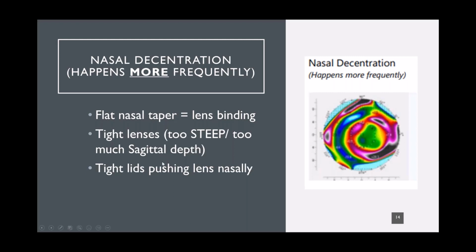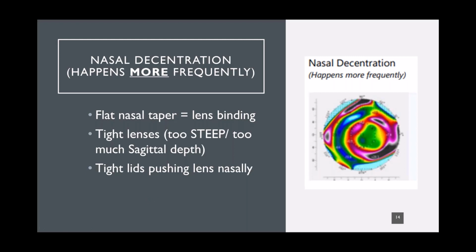But what's really tricky too is sometimes it's not from a flat nasal taper. Sometimes you just have super tight upper lids, and everybody's upper lids are different. We know that the Asian population tends to have an even tighter upper tarsus, which can really cause that lens to decenter nasally.